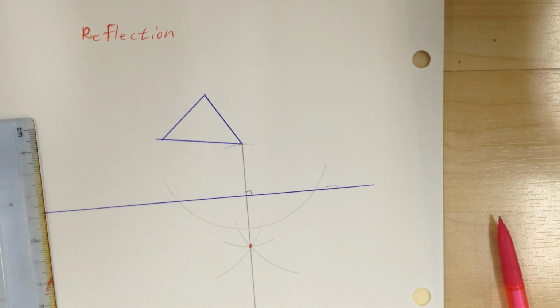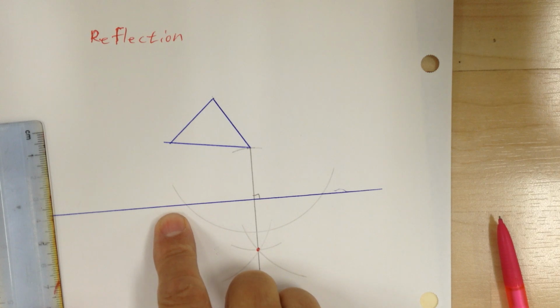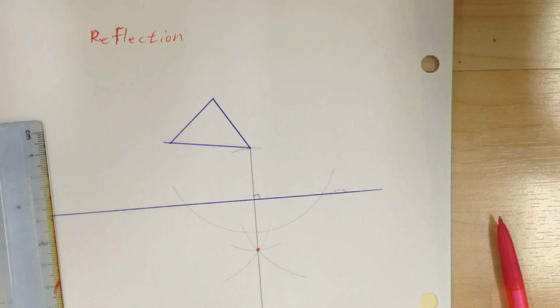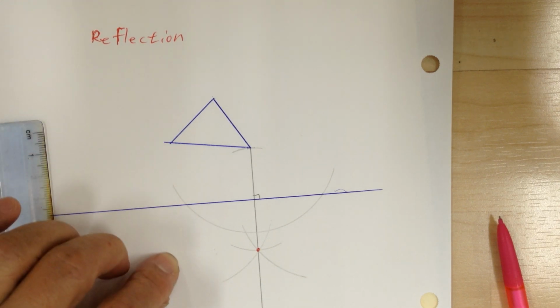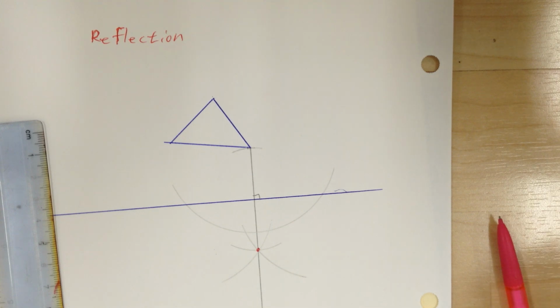Next thing is we're going to do the same thing with this one here. We're going to get a perpendicular line on this one.